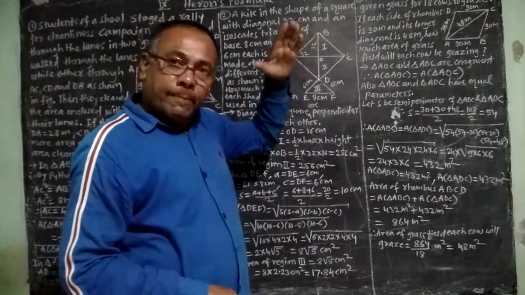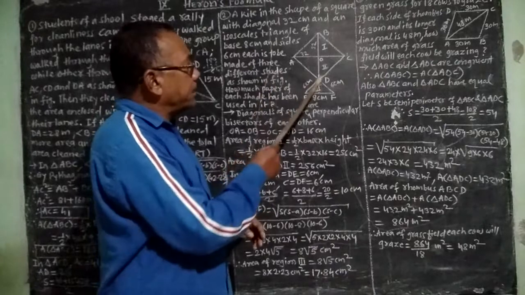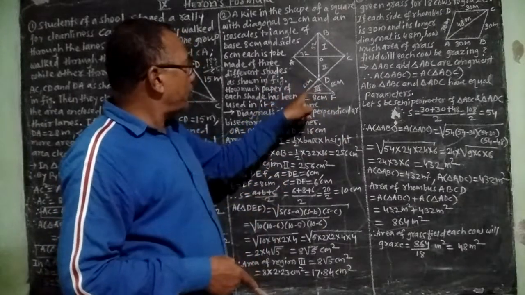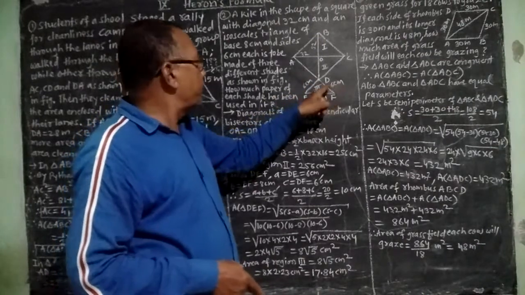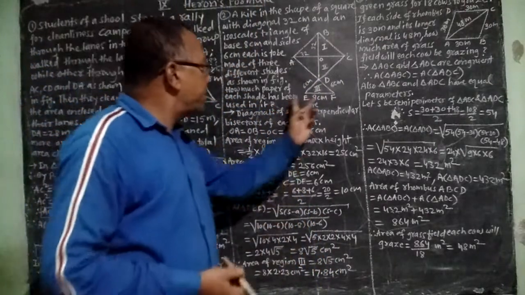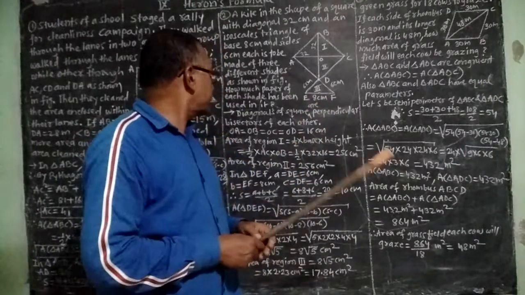Here at the base, that is the third shade of the kite, it is given that the lengths of DE and DF are 6 centimeter each, and therefore triangle DEF is an isosceles triangle, and its base EF is given 8 centimeter.